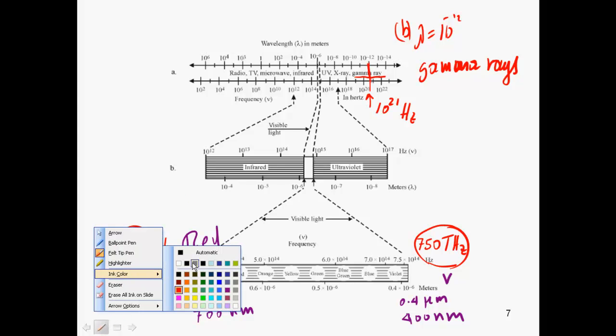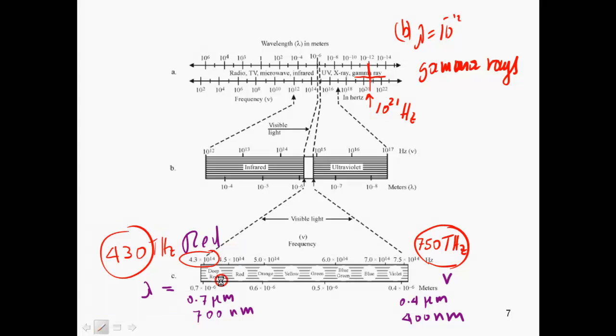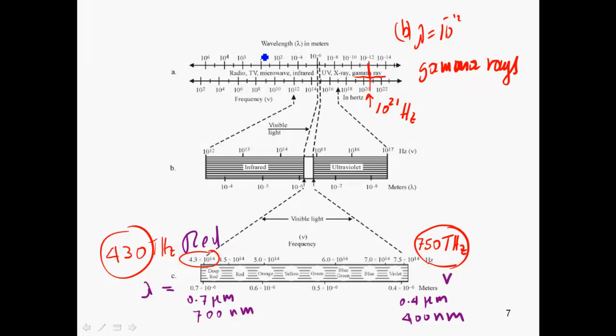Change colors. Let me change to blue. Here is 1 meter, right there. You see that? 1 meter. So if you come down here, it says TV and then microwave. They're kind of condensed in there.